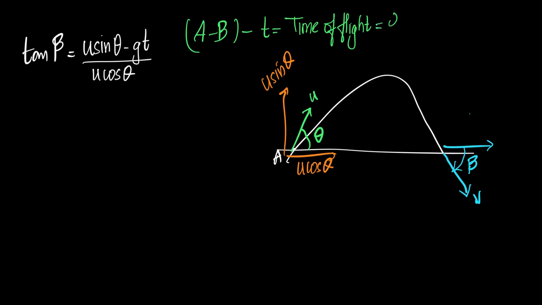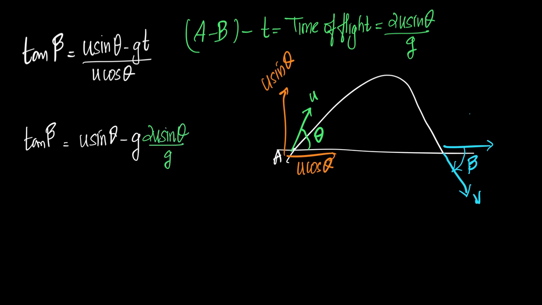And what is the equation for time of flight? It is 2u sine theta by g. In which case we can write tan beta is equal to u sine theta minus g into 2u sine theta upon g, the whole upon u cos theta.